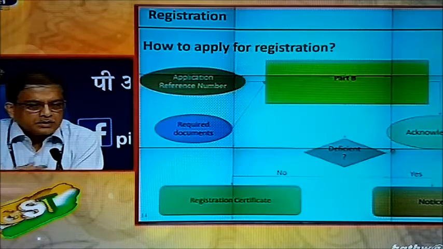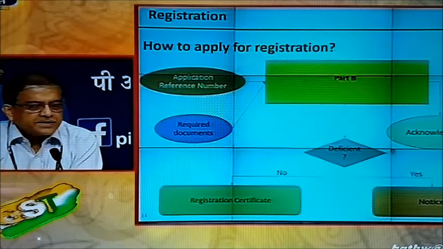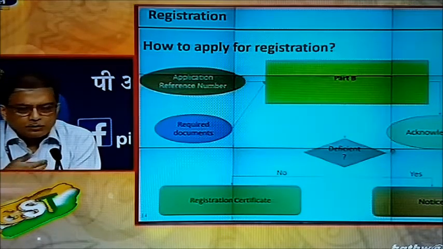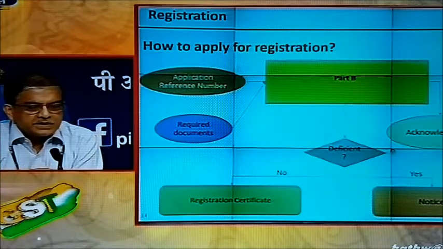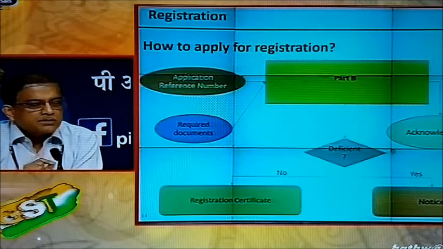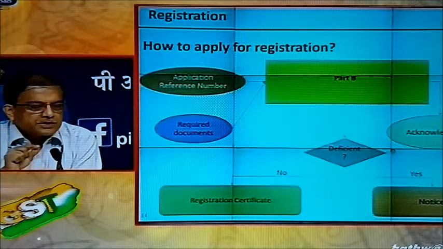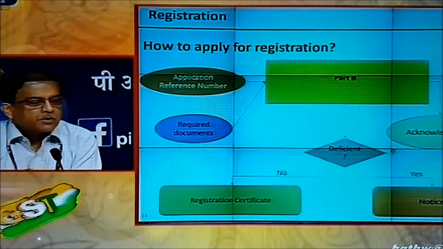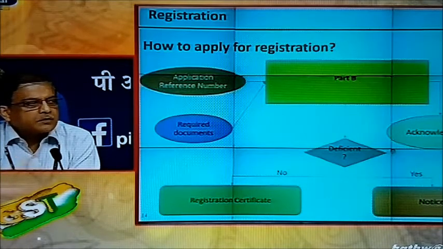He will go through the lease deed, etc., which has been uploaded, and whatever other information has been provided. If he wants to know something out of the information provided, or some document is not legible, he can raise a query.